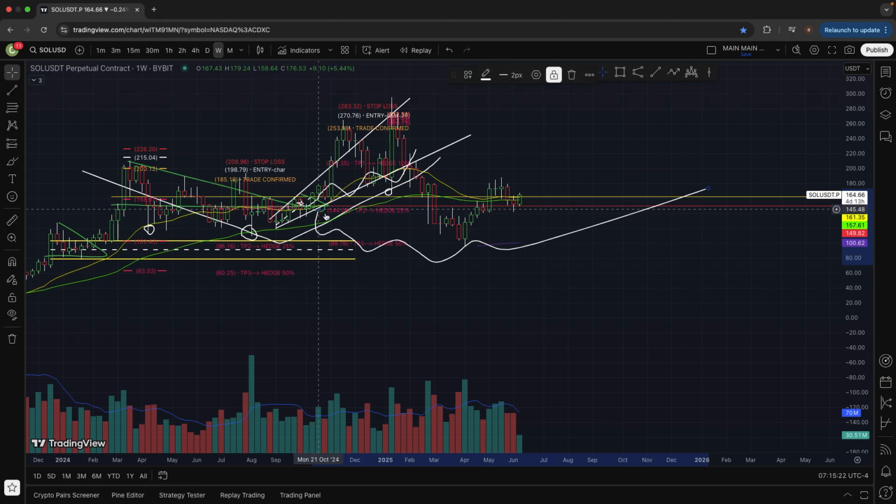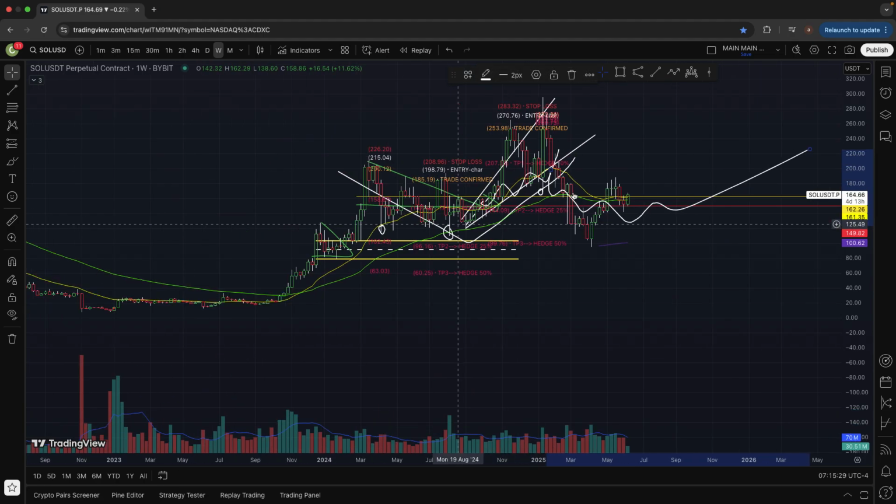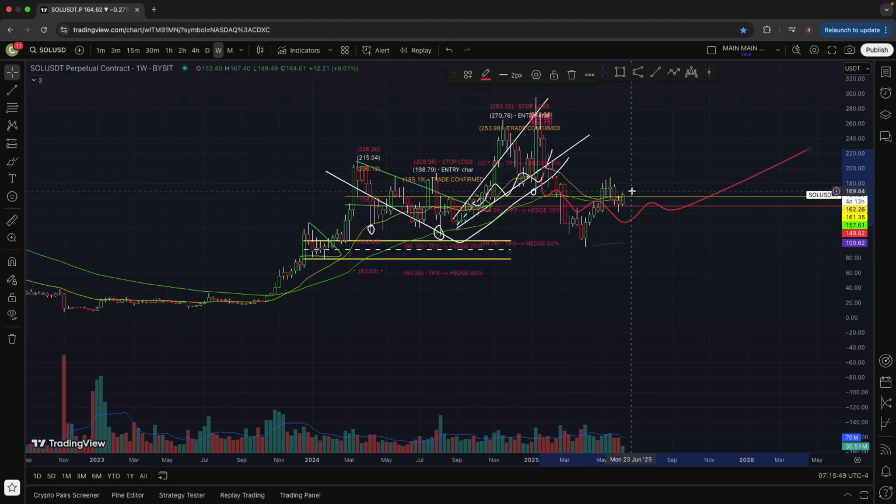So we were looking for the breakdown here, and Trump coin and all that good stuff happened, and the breakdown actually occurred right over here, right there, and then we lost our support, which was this yellow line, and then we lost the neckline, which was the red line, and that's when the measured move came right into the level of liquidity that we were looking for, and it bounced right off of the order block and right into the level of resistance that we're at.